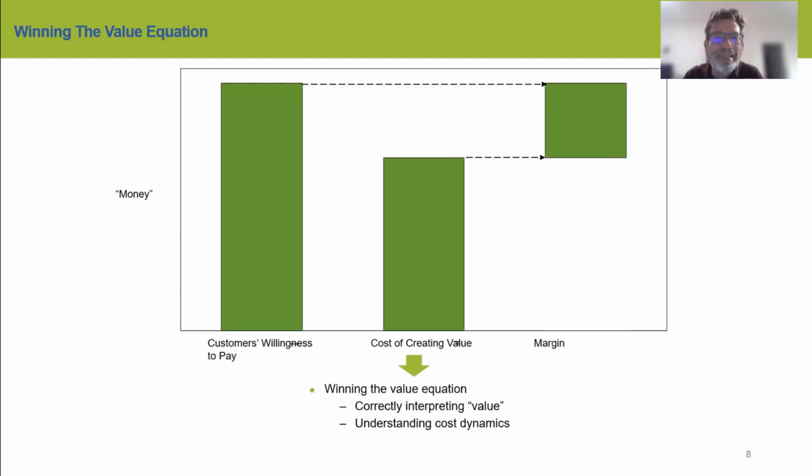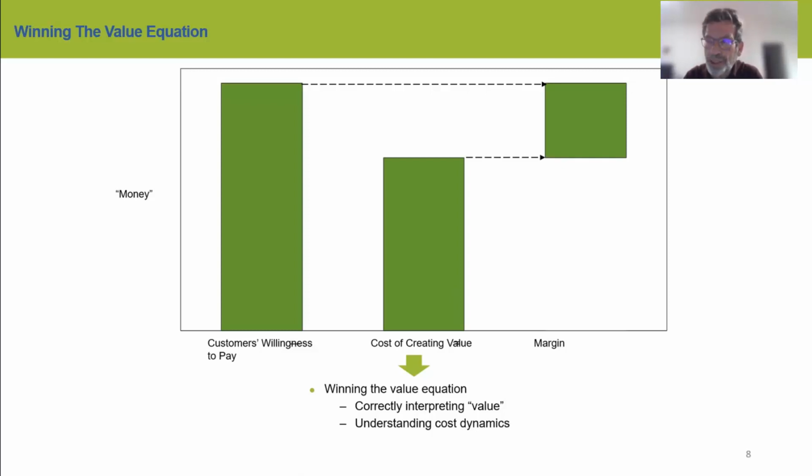This is another way of presenting this, I said before, the value equation. So on the one side, you can see what the customers are willing to pay to buy what we are going to offer. Then on the right side, you see in the center the cost of creating this value.